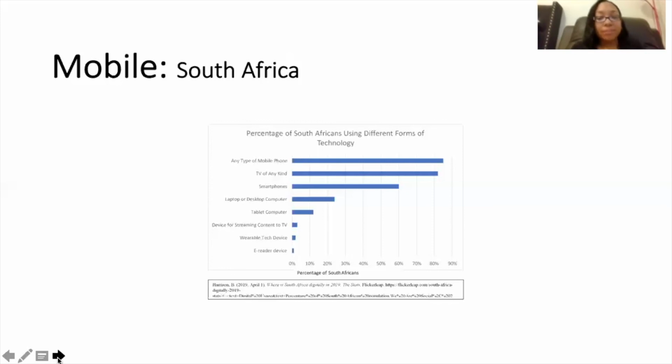And 1% use e-reader devices, and 2% use wearable devices.